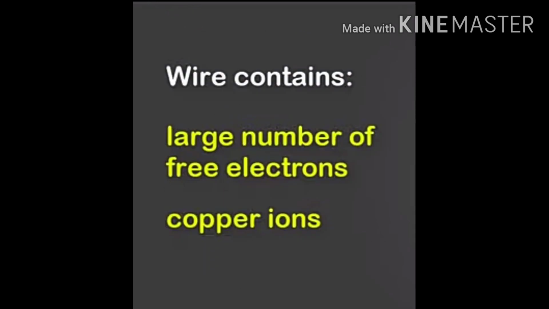A copper wire contains a large number of free electrons which move freely, causing the current to pass through it. The resistance opposes these free electrons or copper ions, making them move slowly.